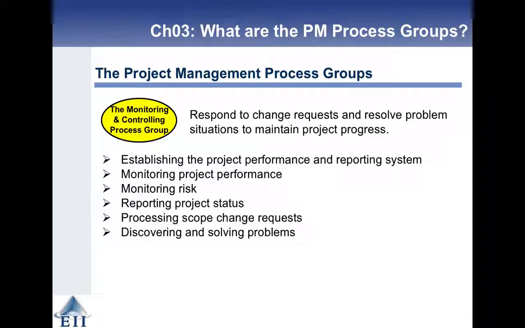We get scope change requests and we process them and either say we're going to do them and have a project impact statement about what's going to happen to the project if we do them, or we say we're not going to do them and we give our reasons why. And all along we're going to be discovering and resolving problems.